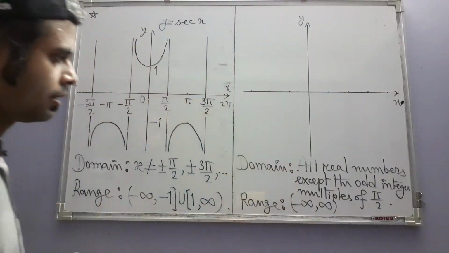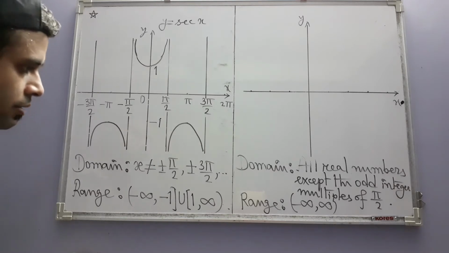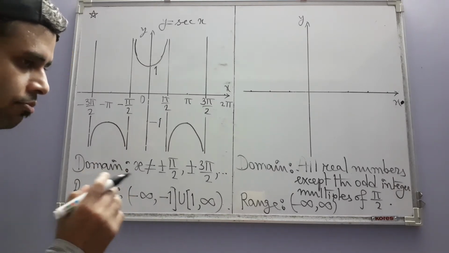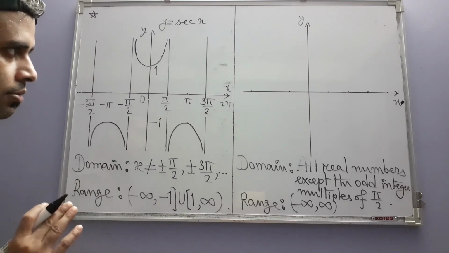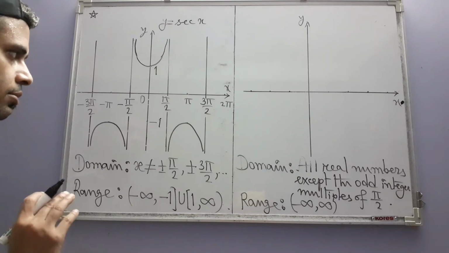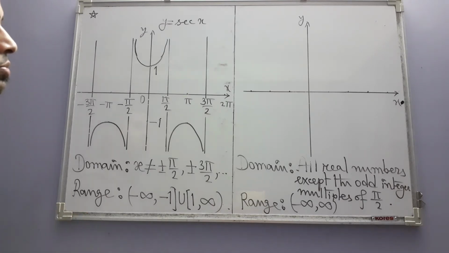But here the problematic points, however, because we are going to draw the graph of cosecant x, which is 1 over sin x, so we need to avoid those points where sin x becomes 0. That means all multiples of pi.